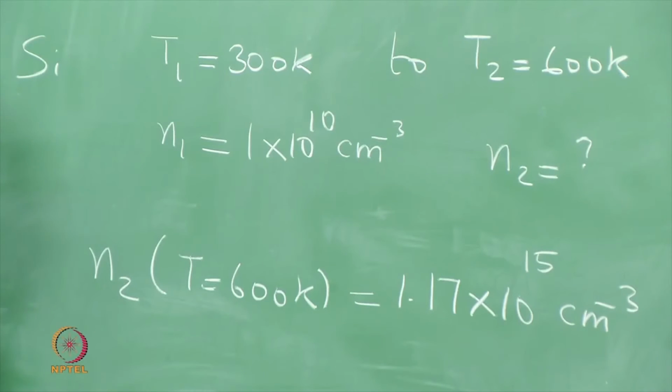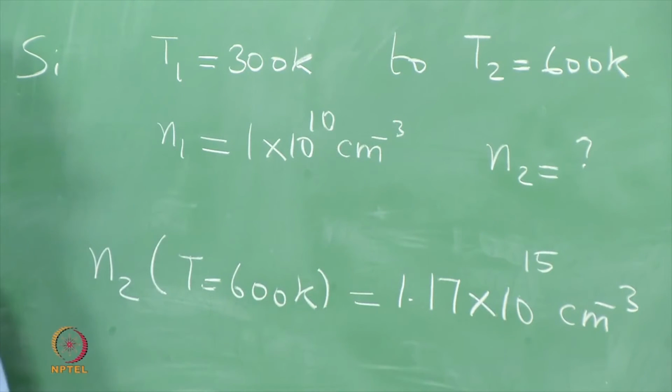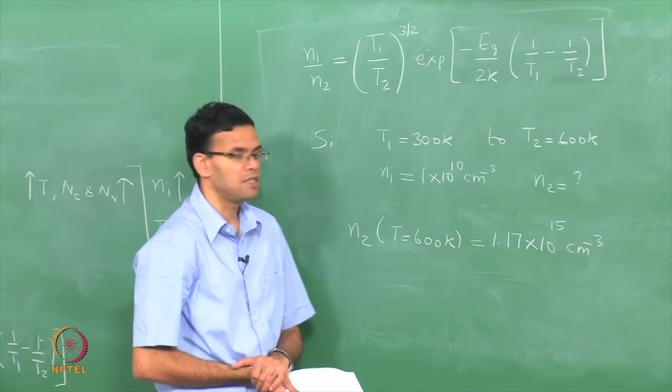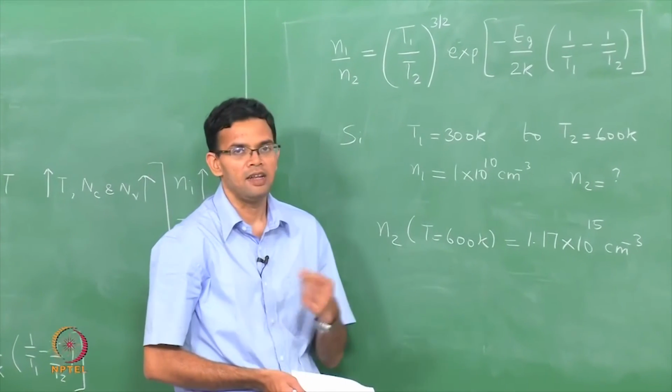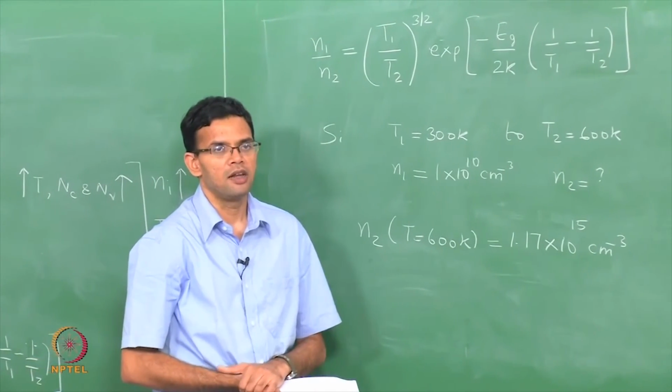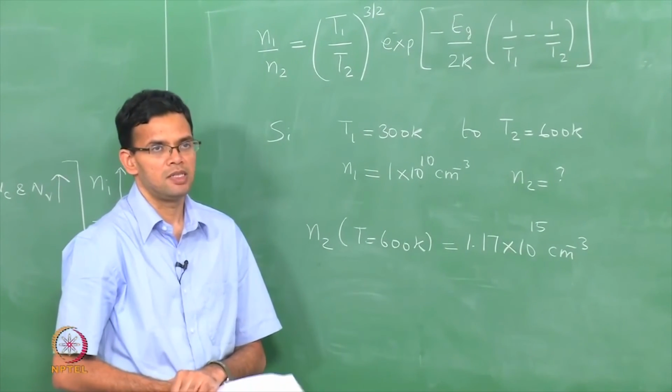So, by doubling the temperature from 300 to 600 Kelvin, we have increased the carrier concentration from 10 to the 10 to 10 to the 15. So, nearly 5 orders of magnitude. If you look at an intrinsic semiconductor, the only handle we have in changing the conductivity, as long as we keep the material the same, is temperature.